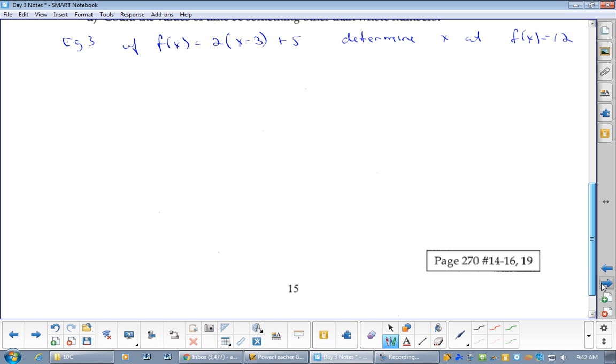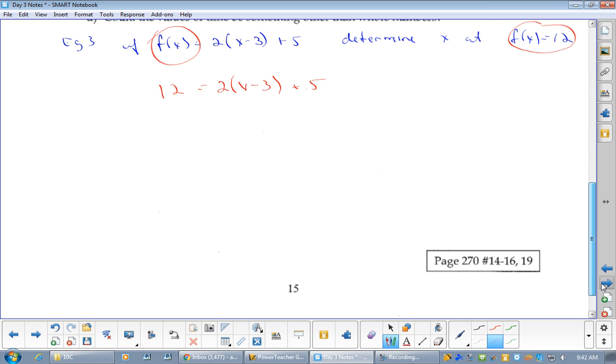Okay, so what does this mean? Now here, do you see that f of x equals 12? So what does this equal? 12. It says f of x equals 12. So put a 12 there, because they're equal. And then you just go to 2 times (x minus 3) plus 5. Okay.